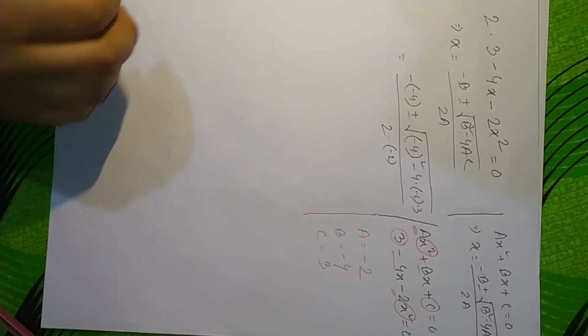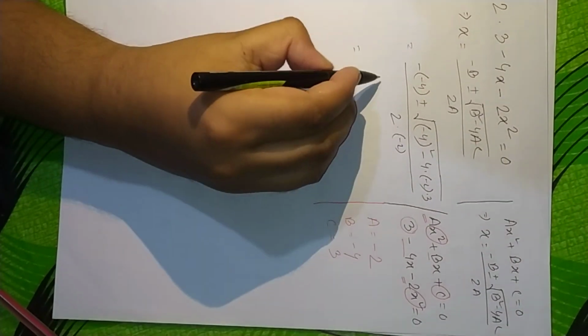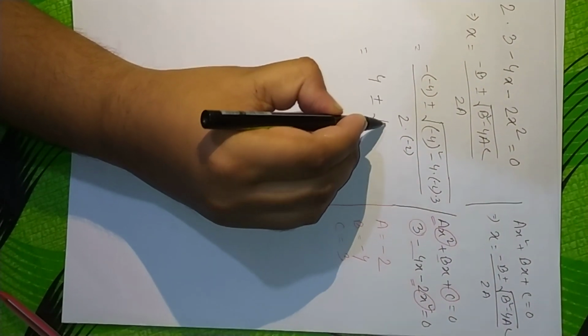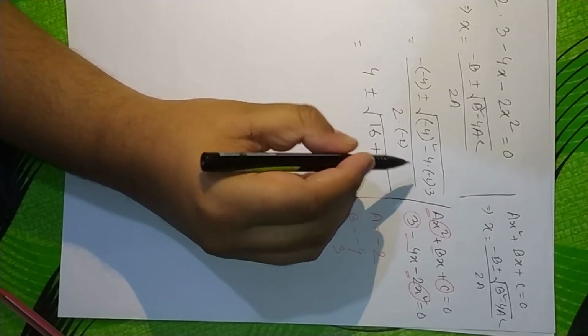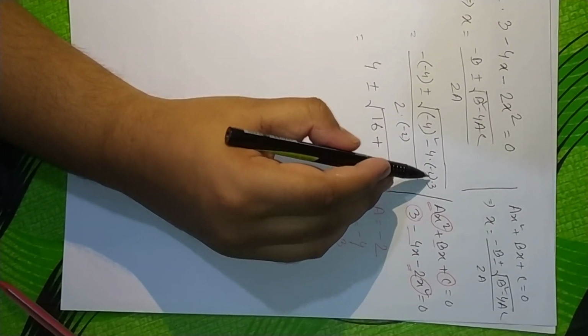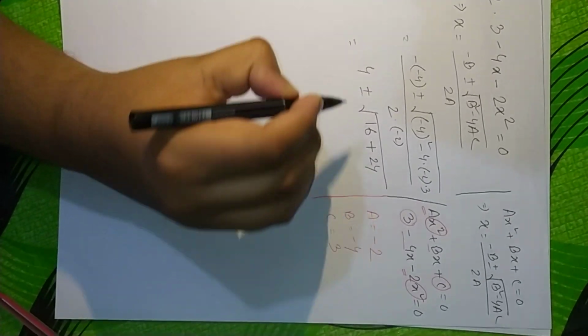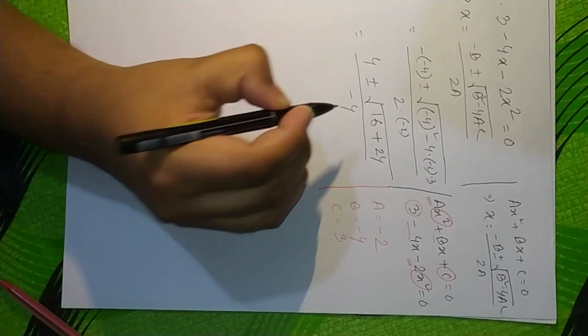Clear? Okay. Now 4 plus minus root over 16 minus 4 into minus 2 into 3, that is 6 into 4, 24, divided by minus 4.